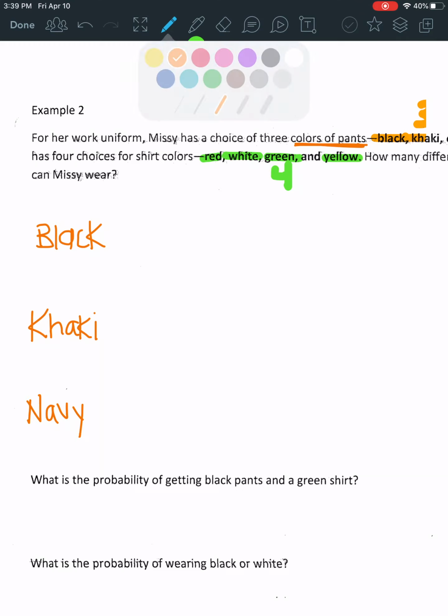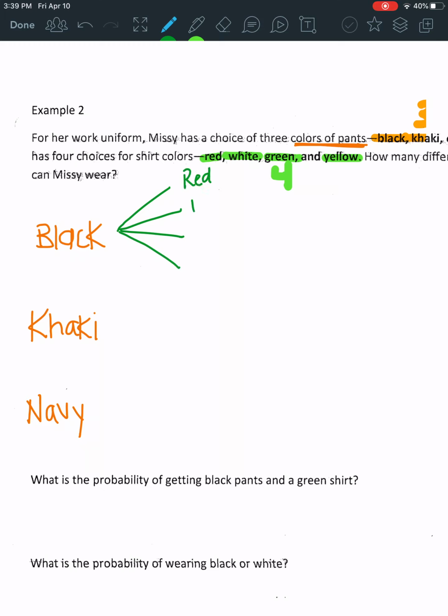Now after she chooses her color of pants, let's say I'm going to put my black pants on today, then she has 4 colored shirts to choose from. So from our black, our first event, we have 4 branches again, and she could wear black pants with a red shirt, black pants with a white shirt, black pants, green shirt, and then black pants, yellow shirt. So there are her possible outcomes with black pants.